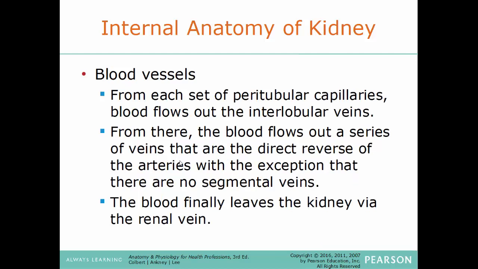From each set of peritubular capillaries, blood will flow out of the interlobular veins. From there, the blood will flow out a series of veins that are the direct reverse of the arteries, with the exception that there are no segmental veins. So the names are identical, other than instead of the word artery, you have the word vein. And then the blood will finally leave the kidney through the renal vein.